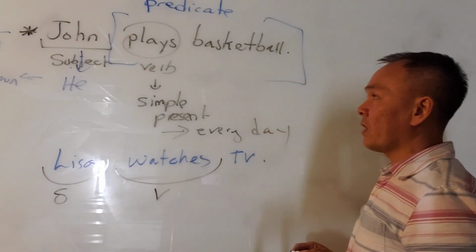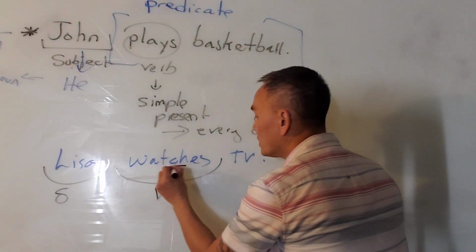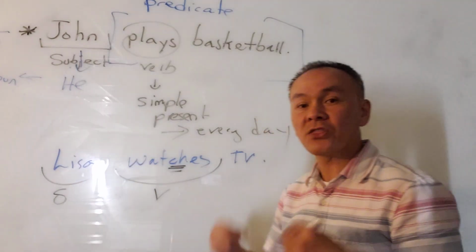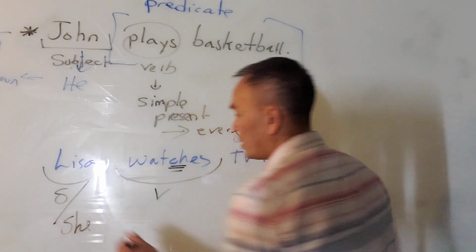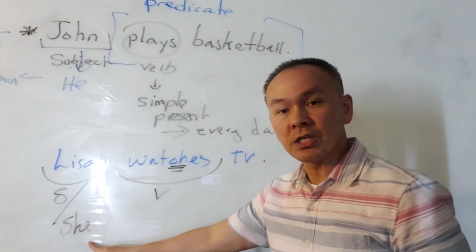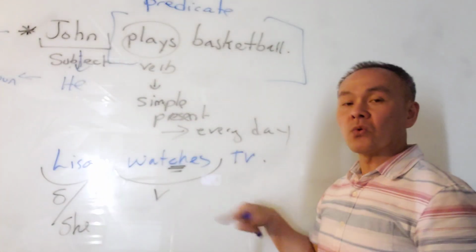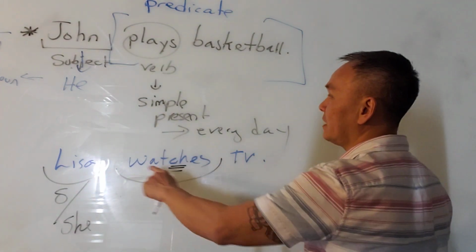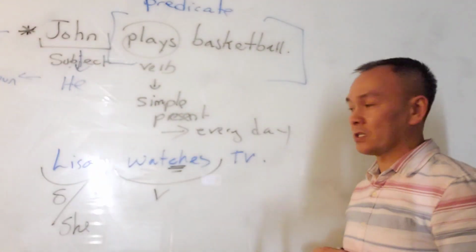Because watch ends with CH, we say watches, because Lisa is a third person. Lisa is a she. Lisa is a noun, and the pronoun for Lisa is she. Lisa watches TV. When? Every day. So this sentence is in the simple present because of the simple verb, watches.